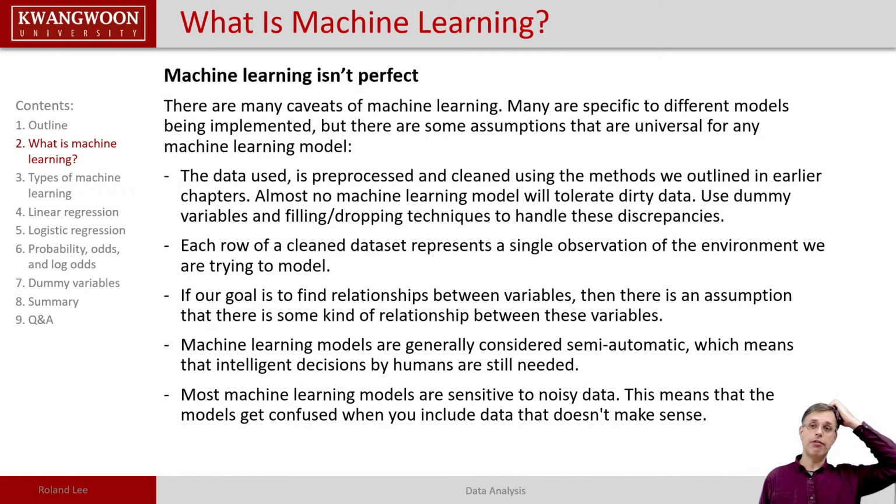Now, machine learning models are generally considered semi-automatic, which means that intelligent decisions by humans are still necessary. The machine is very smart, but has a hard time putting things into context.